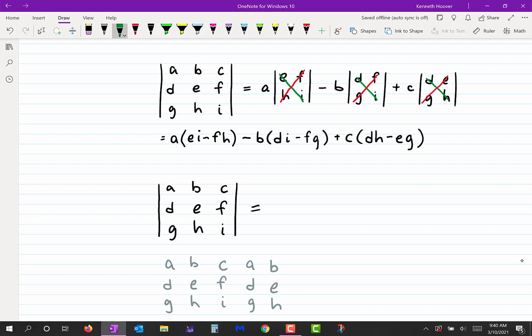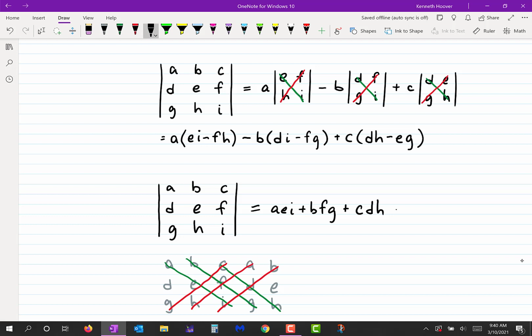And then what you do is you multiply these three, multiply these three, multiply these three, and add those up. So you would get AEI plus BFG plus CDH. Okay, and then you multiply these three, multiply these three, multiply these three, and subtract those.